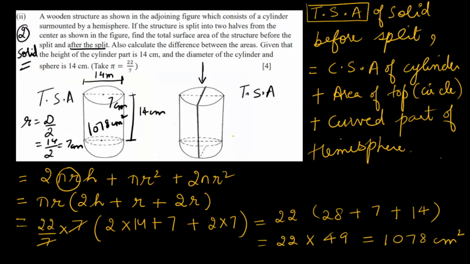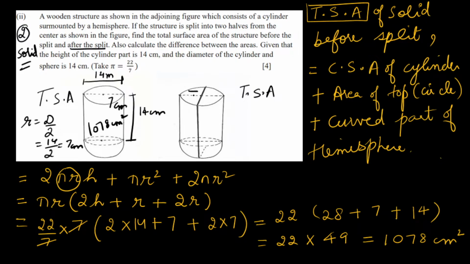Now, after split, you have to understand how many surfaces will be there. So, how many surfaces will be there? This half will be there because from the center it's being cut, so area of a rectangle will be there.